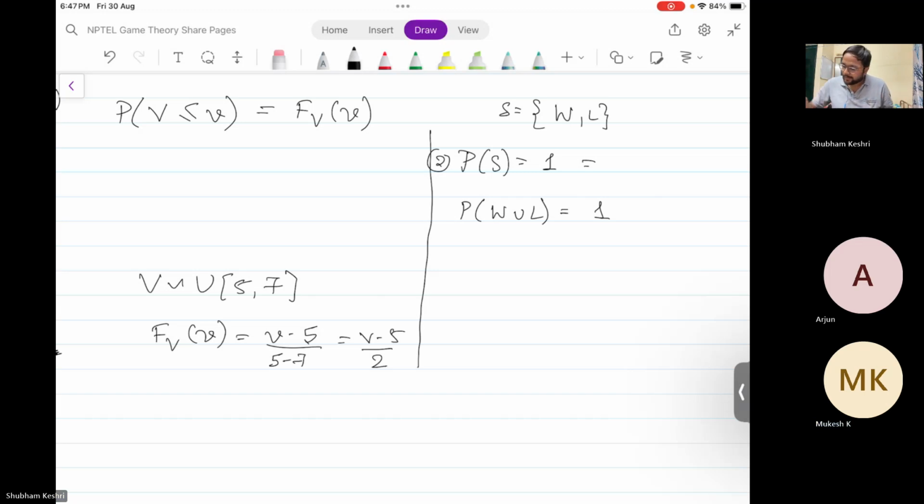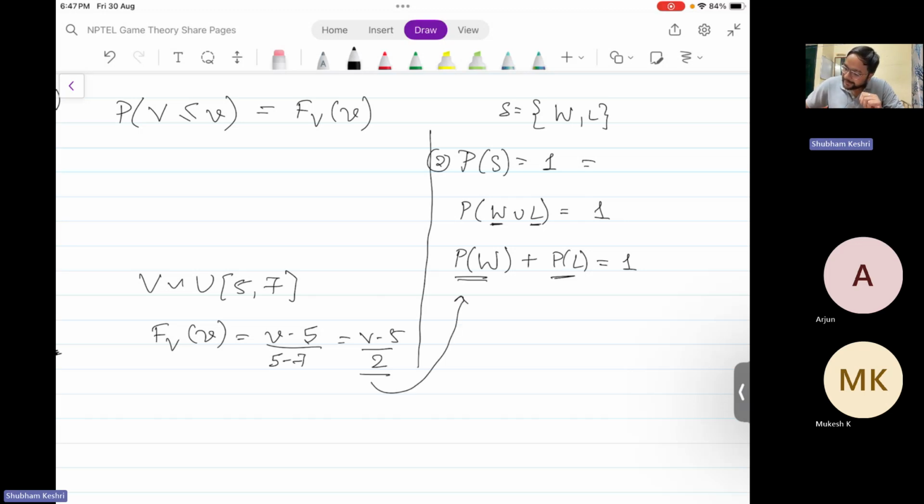Now from the third axiom, I said that probability of two outcomes, if they are disjoint, over here it is outcomes, but I had talked about events, can be written as probability of win plus probability of lose, which is equal to 1. And we have the probability of win.